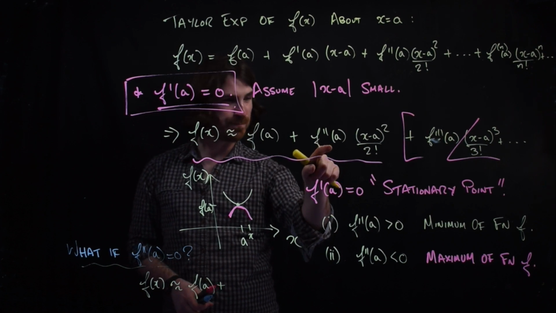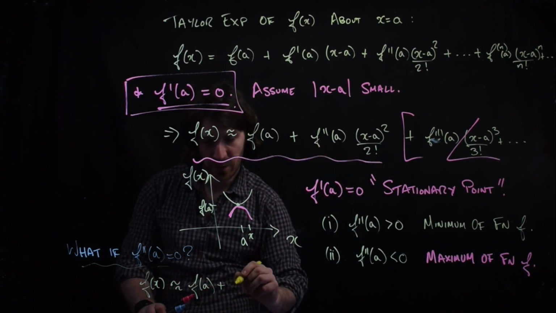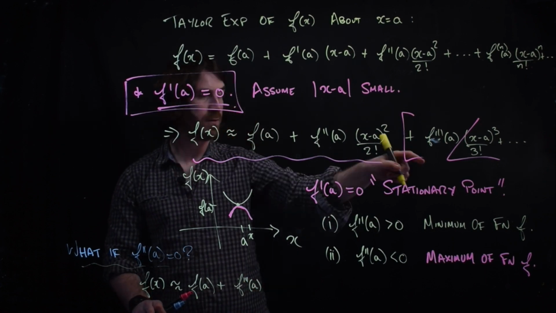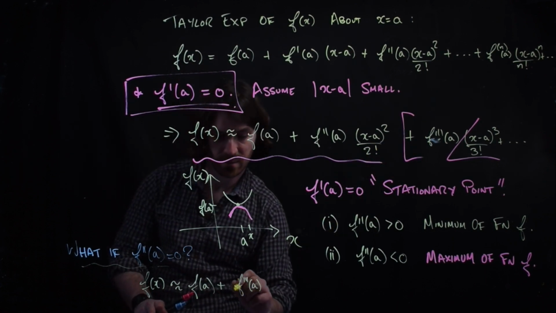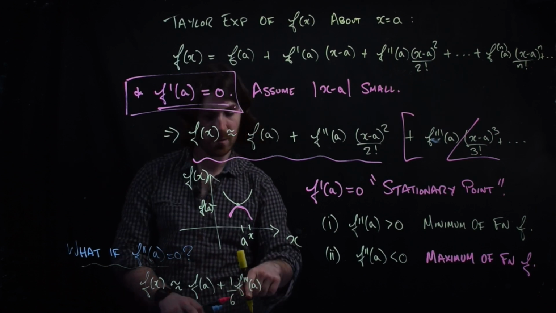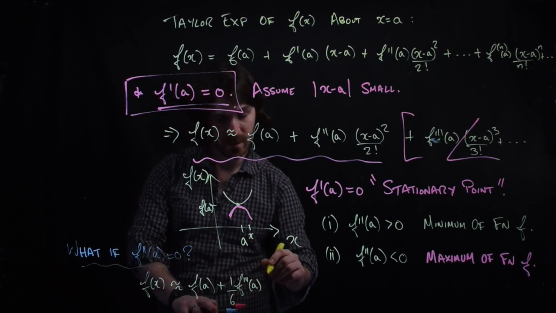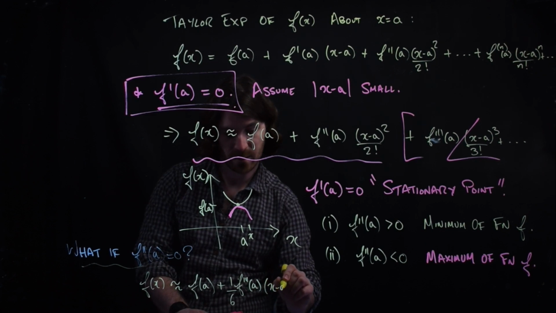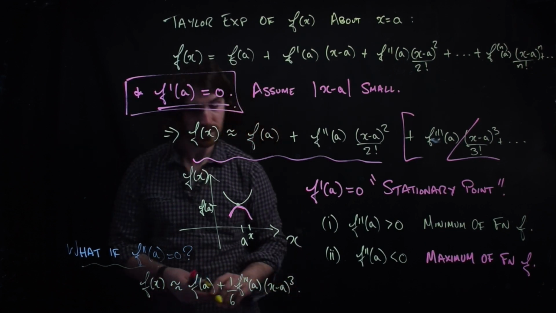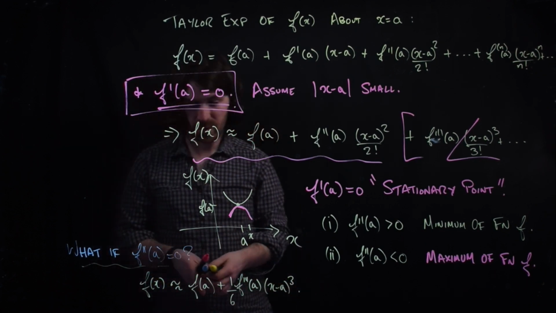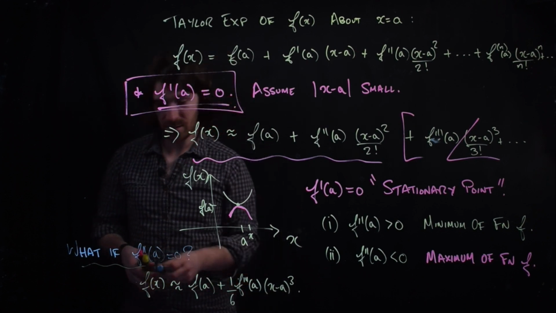Now this one's not 0: we've got the third derivative taken at a, divided by 3 factorial, which is 6. So we've got 1 over 6 times f prime prime prime times (x minus a) cubed. And then we get, again, two cases.